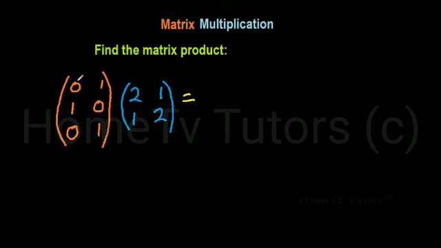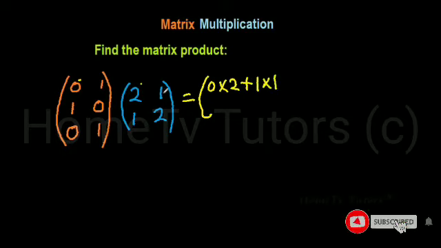So we take the first row now. 0 times 2 plus 1 times 1. Then we go to the second column. 0 times 1 plus 1 times 2.